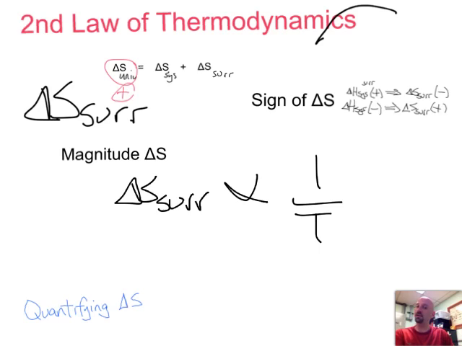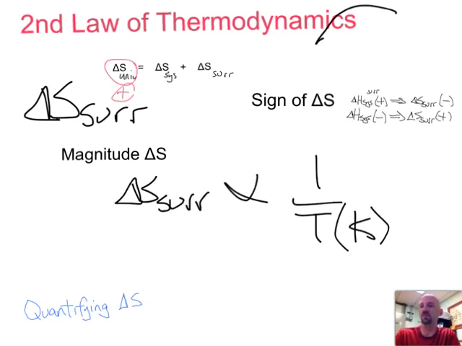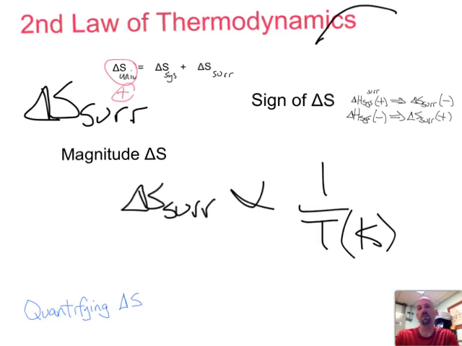Goes back to the analogy with the sneeze and the quiet or loud environment. Now, hopefully I don't have to point out, but this temperature here, what scale are we going to be using? We're using Kelvin. Of course we're using Kelvin. All right, so now we have the two components that are associated with delta S. We've taken care of the sign bit, and now we've taken care of the magnitude bit.